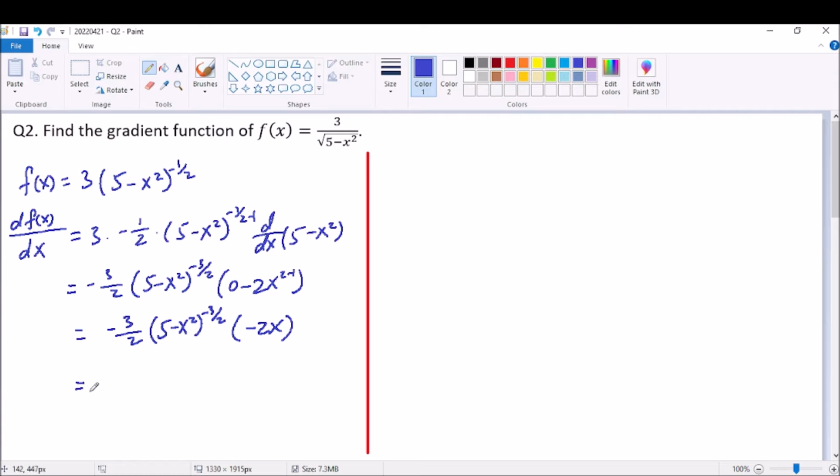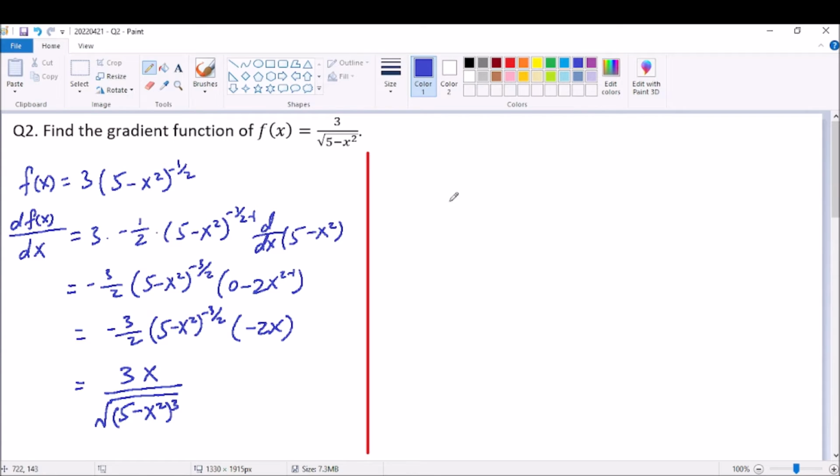So the final expression is 3 over the square root of (5 minus x squared) whole thing cubed.